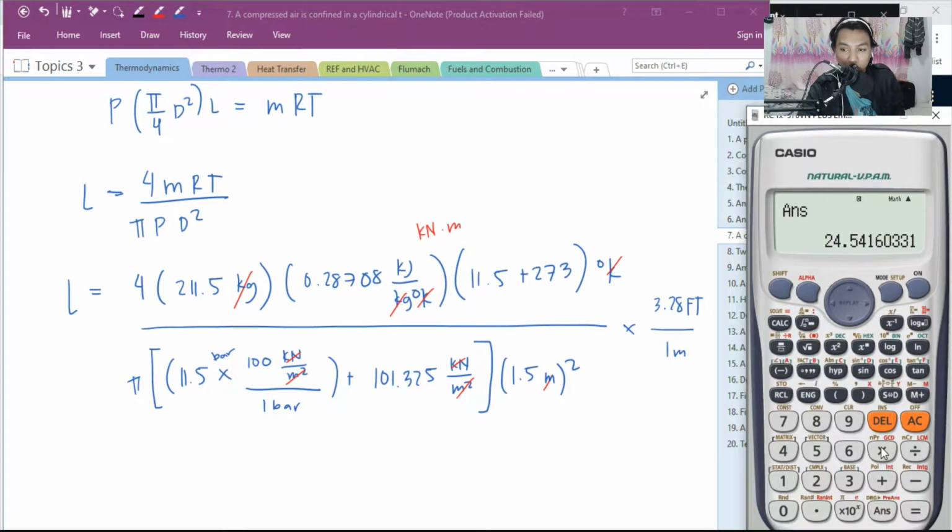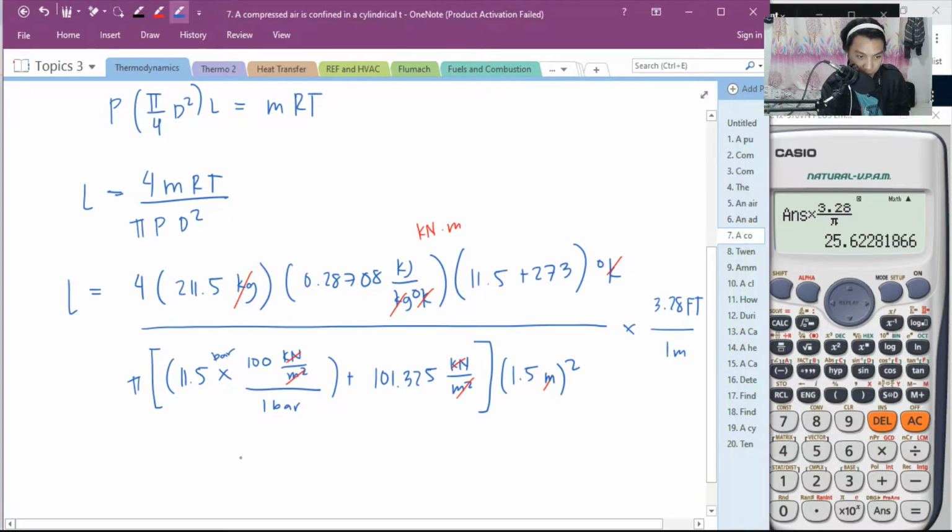Multiply natin ng 3.28 feet divide by pi. Yun, 25.62 yung L. 25.6228 feet. Okay, that is for number 7.